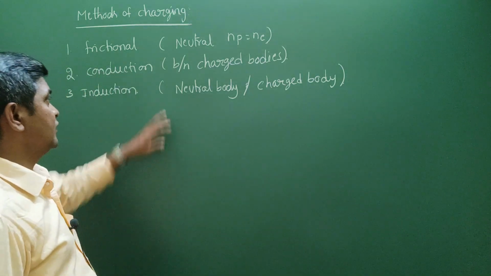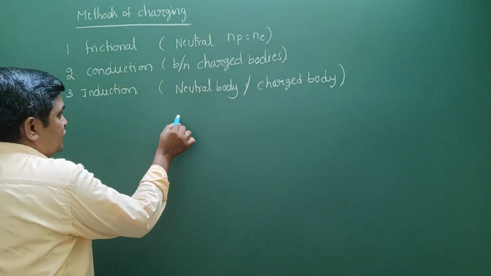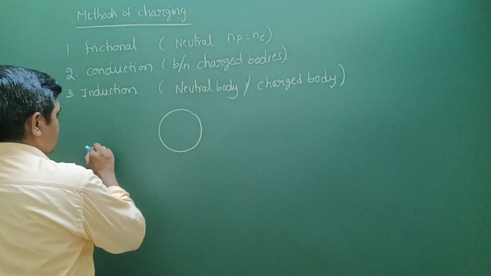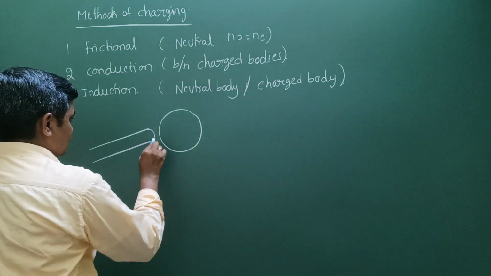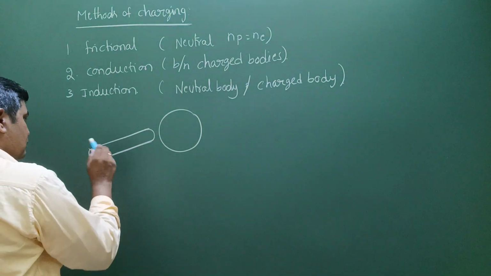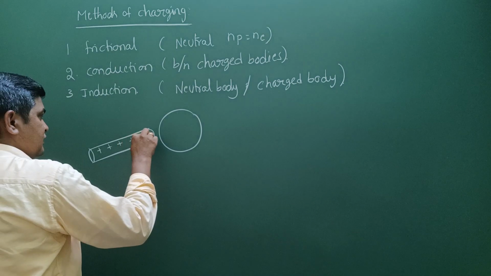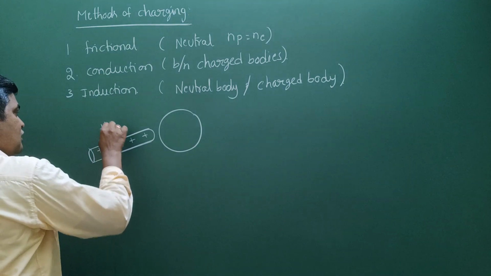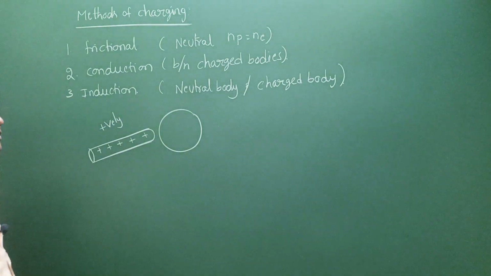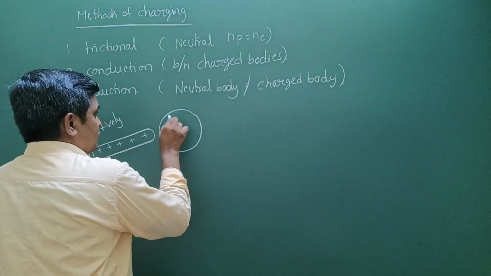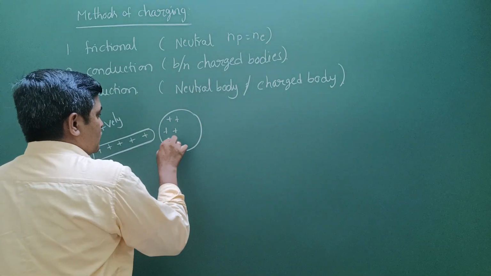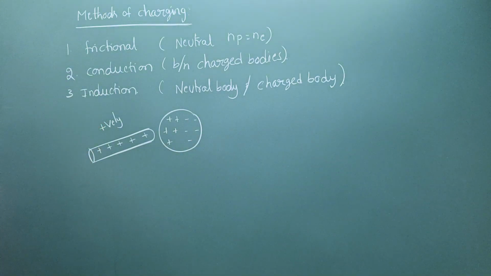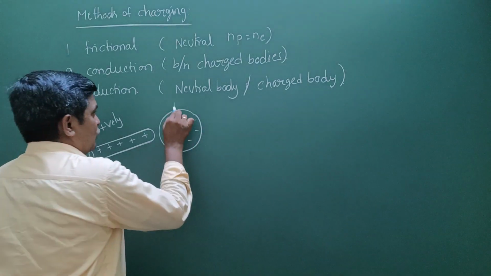First of all, take a charged body, like a glass rod. Let me take this to have positive charges, meaning it is positively charged. Protons are more, that's why it is a positively charged body. This one is a neutral body, because it has an equal number of protons and electrons.